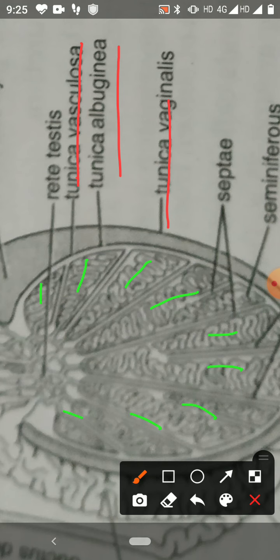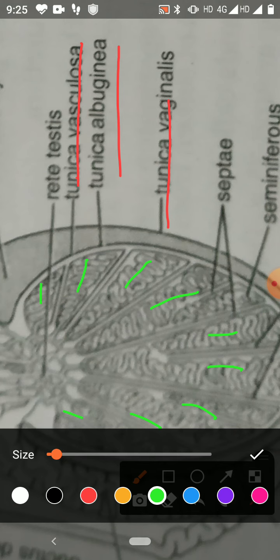Each lobule contains a number of tiny, highly convoluted tubules. These highly convoluted tubules present in the lobule are called seminiferous tubules.